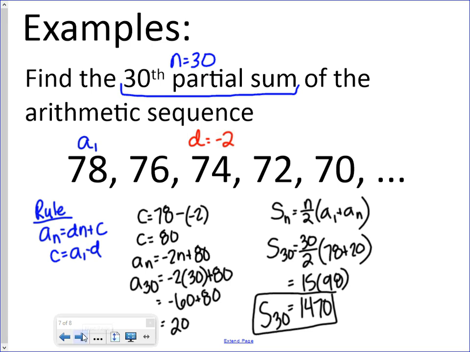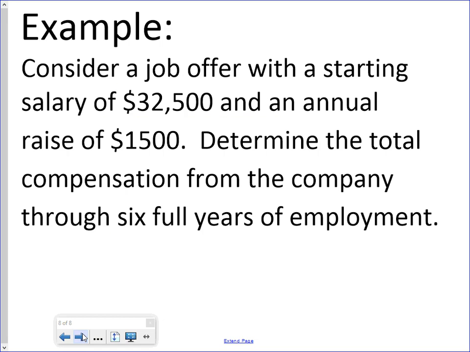And the last example is an application problem. Consider a job offer with a starting salary of $32,500 and an annual raise of $1,500. Determine the total compensation from the company through 6 full years of employment. So read carefully and figure out what information you've been given. 32,500, that's going to be my first term.